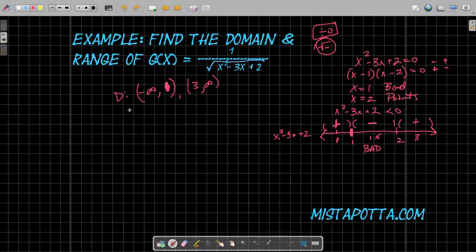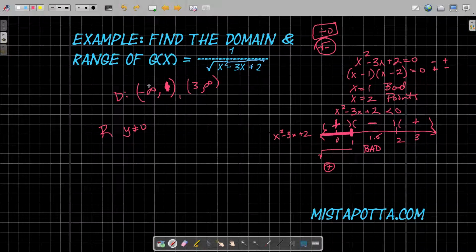Now, when I want to consider my range, I need to consider the y values. Well, I know that a fraction can never be equal to 0, so y can't be equal to 0. And so what's happening here is that for these values in this range, because this is positive, I know that the square root of that is going to be positive.